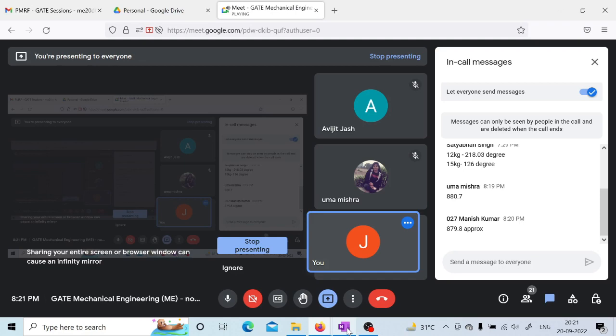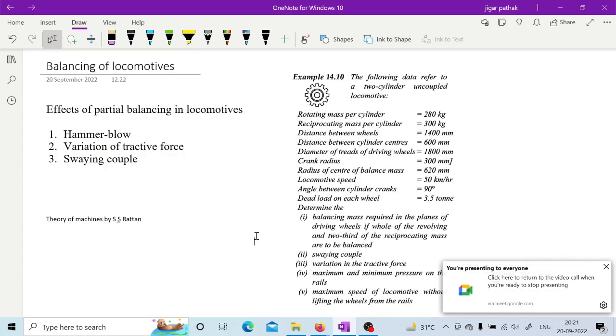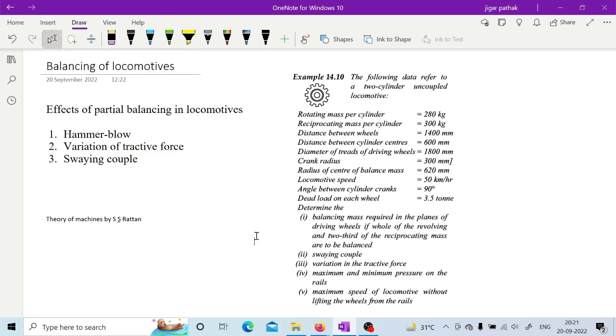So now balancing of locomotive. So here in case of locomotive, you are having different types of locomotive: inside locomotive, outside locomotive. So you are having two engines in which cranks are 90 degrees apart, as it is mentioned in your problem statement, right?